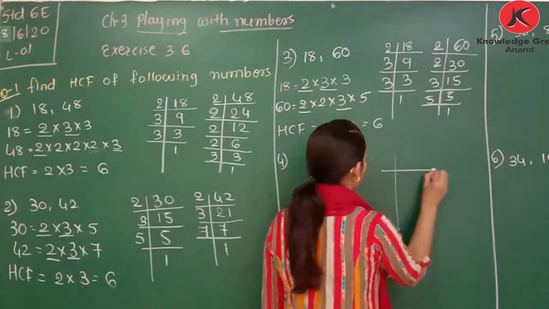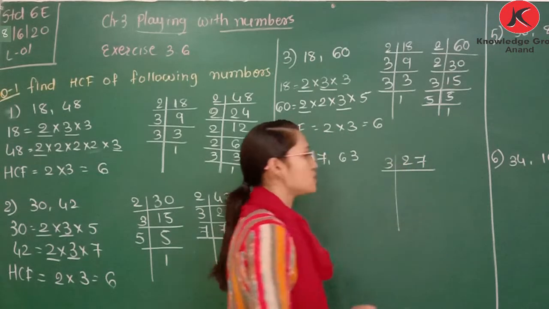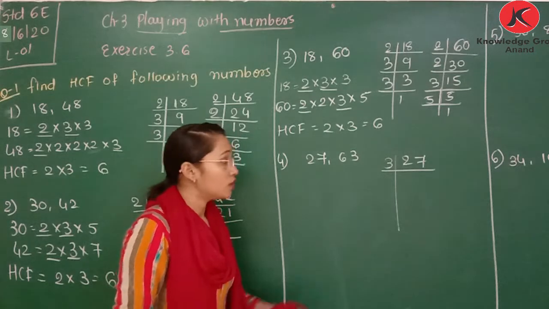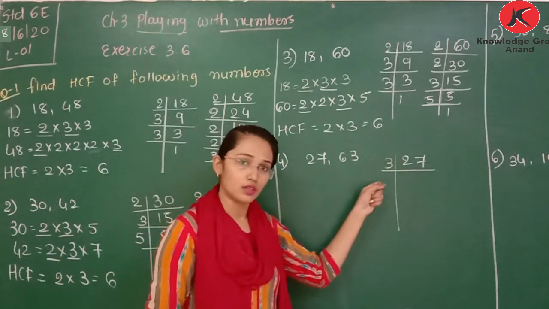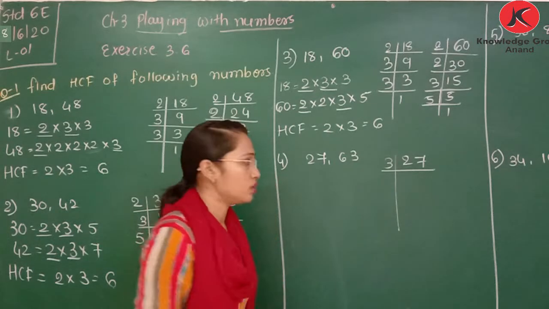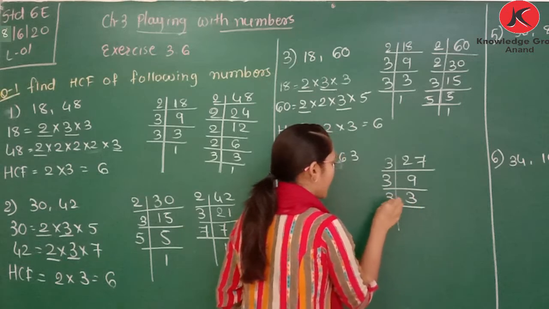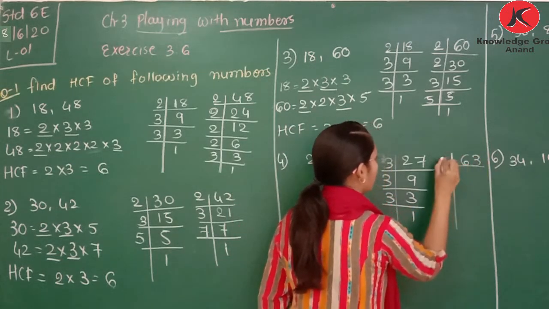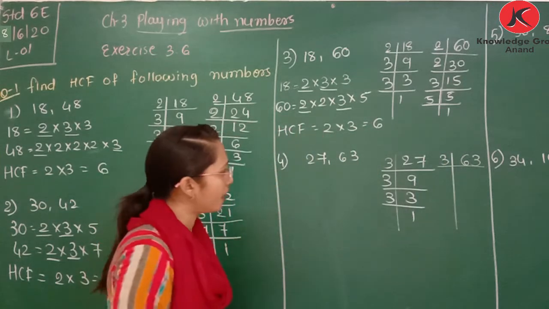So find out factor of 27. 27 is not divisible by 2, so it needs to be divided with 3. So yes, it is divided by 3. 9 3s are 27. 3 3s are 9. 3 1s are 3. 63: 63 is not divisible by 2, so divide it with 3.